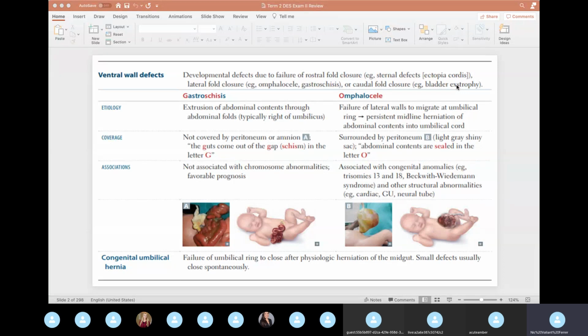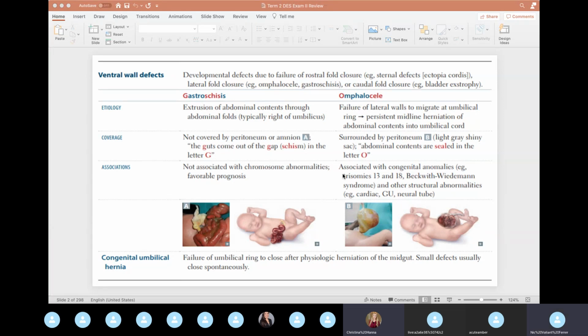For trisomy 21, can you give me signs and symptoms of someone who has that disorder? Anyone? It's Down syndrome, so they would have the palmar crease, the broad nose bridge.